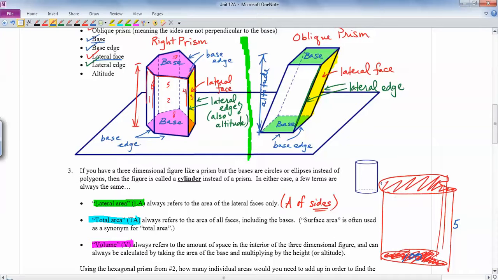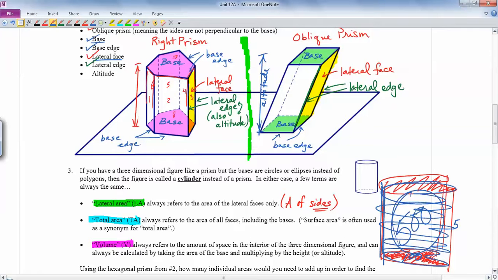Then the volume of this thing, if I multiply by the 5, it's kind of like I take the 100 and fill it in all the way up to the top. And if you fill it all the way in up to the top, then you end up with 500 units of volume. So it's just the area of the base times the height. That's how you always get the volume of either a cylinder or a prism.